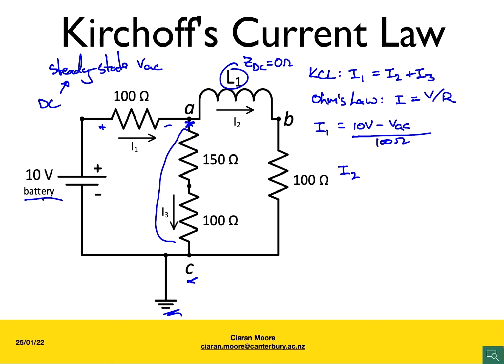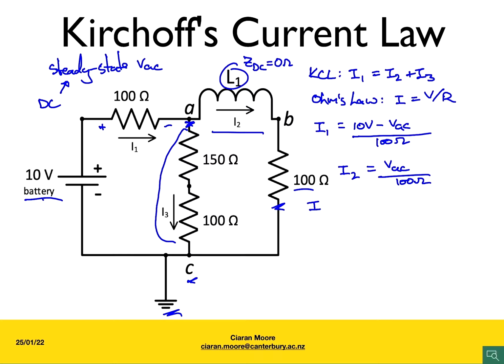That looks just like a wire. We can ignore the inductor. What's left? Only this resistor here. So I2 is the voltage across that resistor, which is VBC, or actually VAC, since there's no voltage drop across the inductor, divided by, again, 100 ohms.